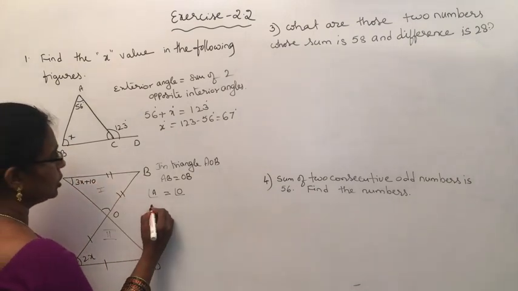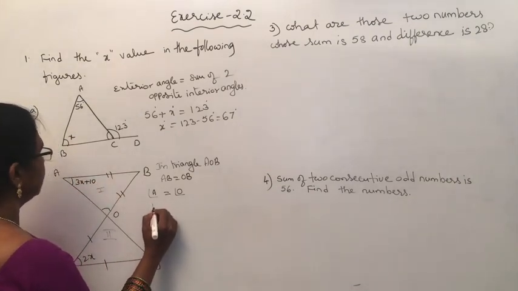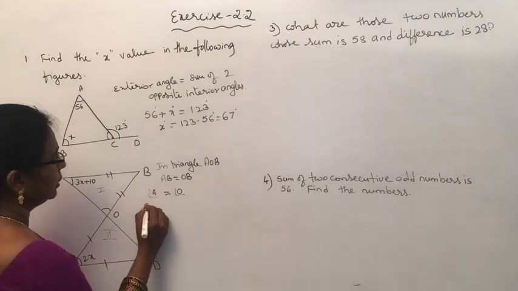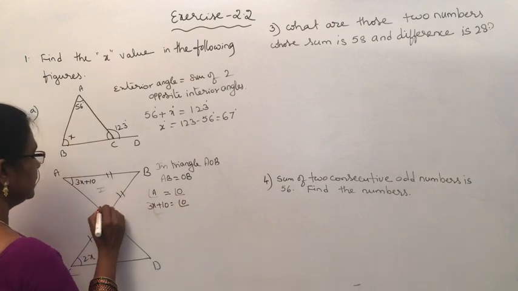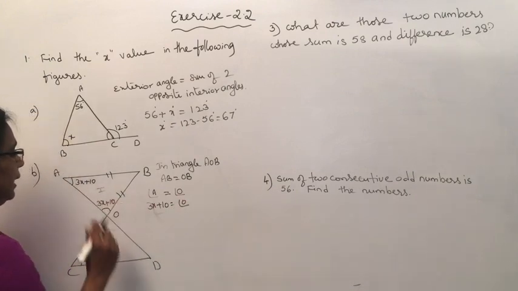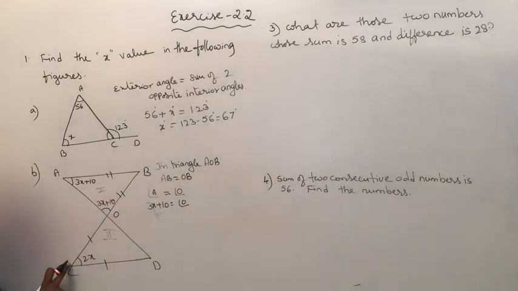Now angle A is equal to angle O, which is 3x plus 10. Next, CDO. In this triangle also two sides are equal, CO and CD are equal. Then we can say that angle O is equal to angle D.